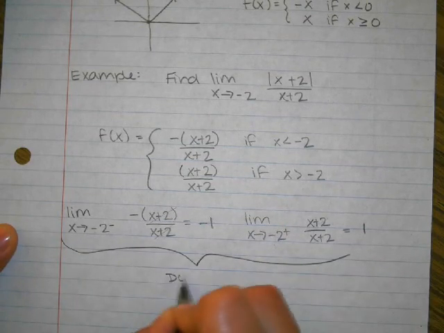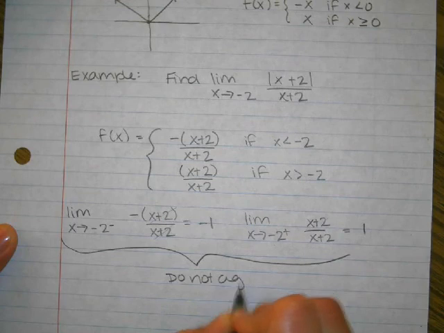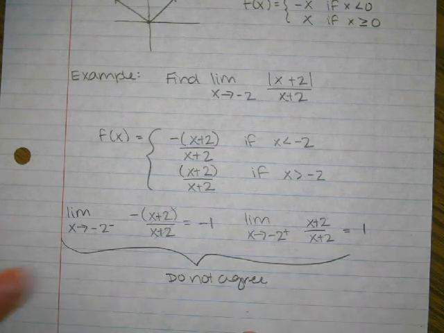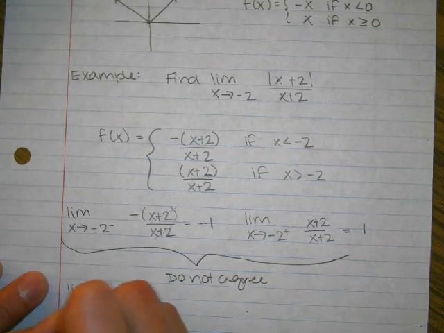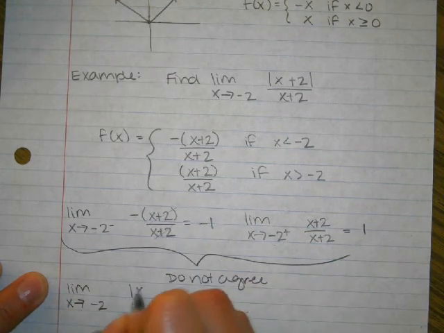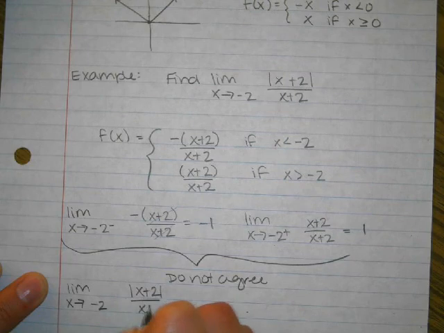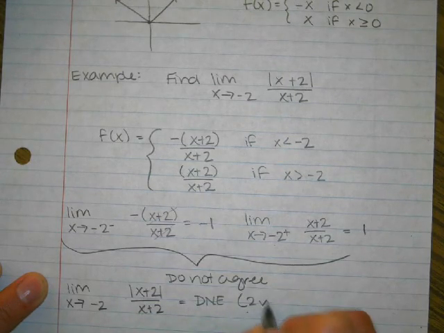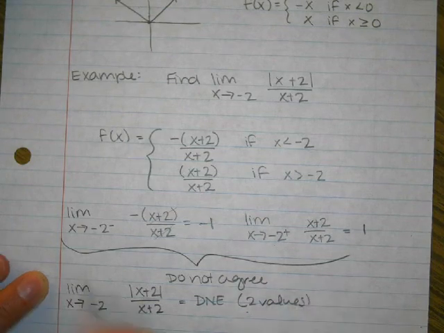They do not agree. So that means that our overall conclusion is that the limit as x approaches negative 2 of the function does not exist, and our reasoning for that is two different values.